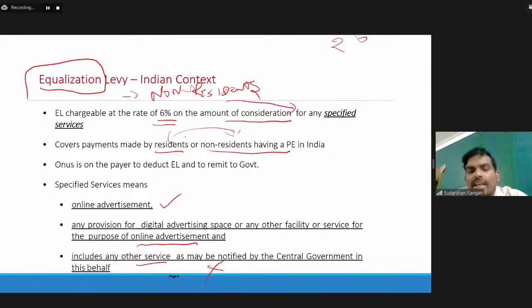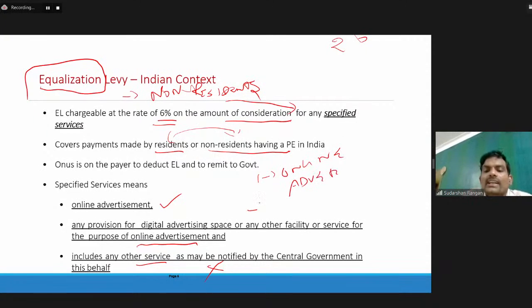Let's say a resident is making a payment to a non-resident for any specified services rendered by the non-resident. What is the specified service? It should be online advertisement, provision for digital advertising space or any facility for the purpose of online advertisement, and any other service, which has not been notified. So for the first transaction, all you need is services for online advertisement.